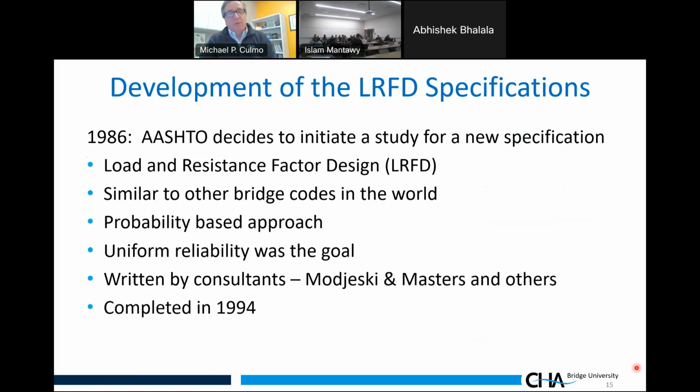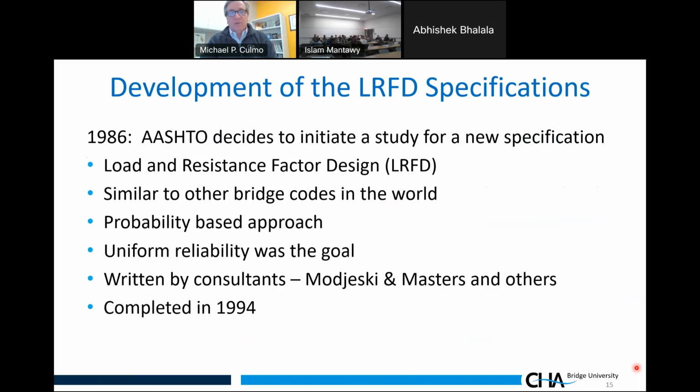So as I mentioned before, the standard specifications for highway bridges were put together in the 1930s, and were in place until 2002. That was the last revision made to that document. So why did they stop updating the standard specifications? The answer is, in 1986, AASHTO decided to initiate a study to develop a new specification.